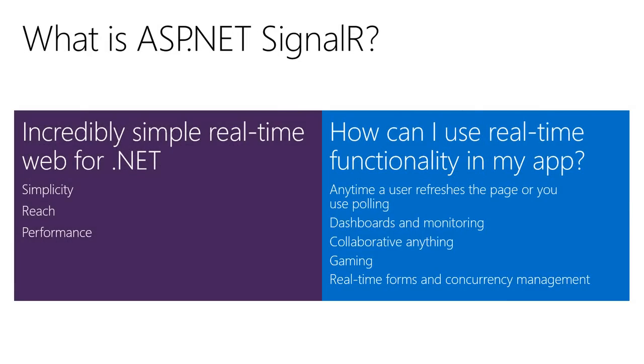ASP.NET SignalR. If I were to go back to the beginning slide where I showed what One ASP.NET is, SignalR was on that list. If you haven't ever used SignalR or haven't seen a demo of it, go check it out because it is an amazing piece of technology that ASP.NET has built. What SignalR allows you to do is communicate between the browser and the server pretty much in real time.